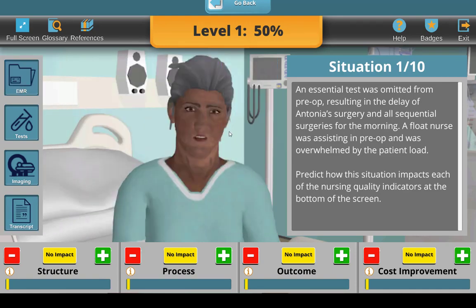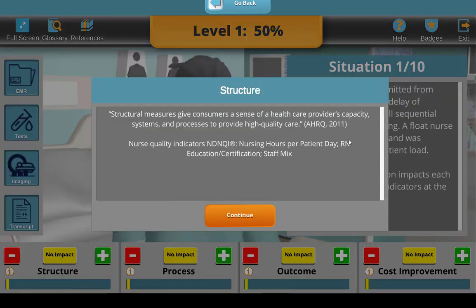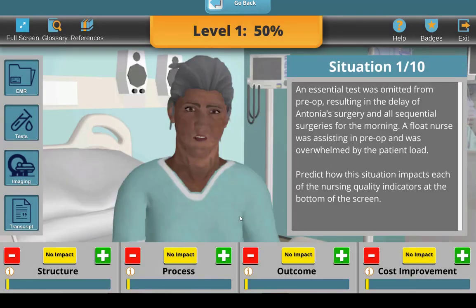So predict how this situation impacts each of the quality indicators at the bottom of the screen. So now it's our job to say, did that have a negative, a positive, or no impact at all? And you have to explain why. Okay, so remembering again that structure is the consumer's sense of whether this facility has the capacity to provide high quality care.